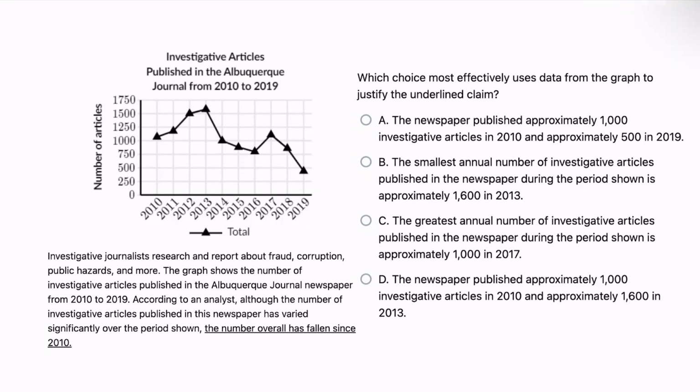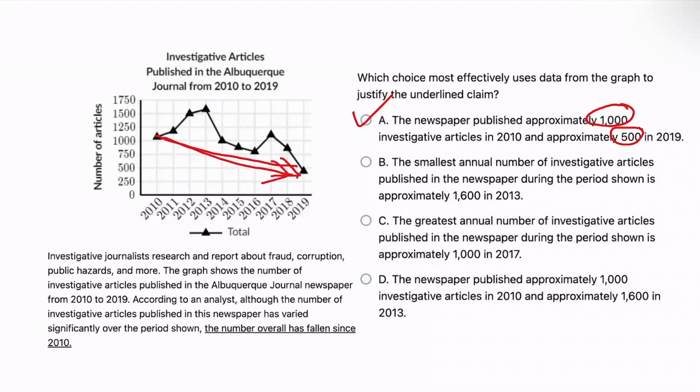Why? Well, the last sentence is that the number overall has fallen since 2010, and answer A is the only one that gives you numbers for 2010 to 2019. The other ones give numbers in between that don't support it. Right, and you're going to find the trend is going down. It's going from 1,000 to 500, so that's definitely going down.